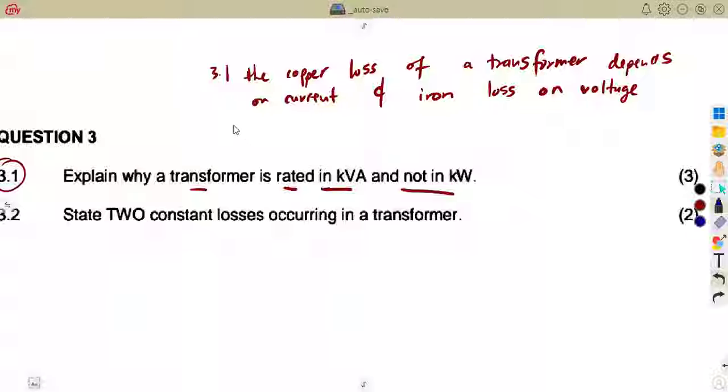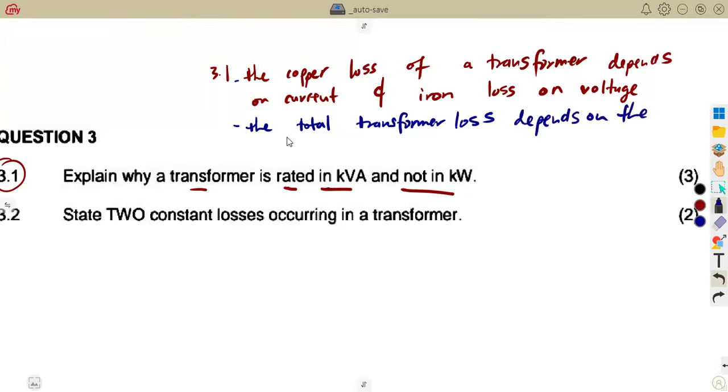So that is why the total transformer loss depends on the volt ampere, and not on the phase angle between voltage and current. All right.